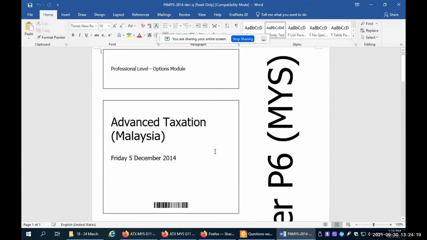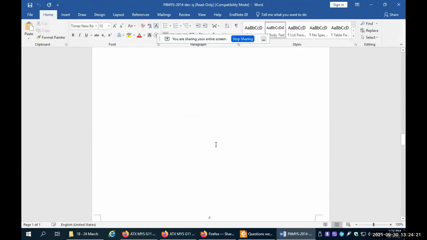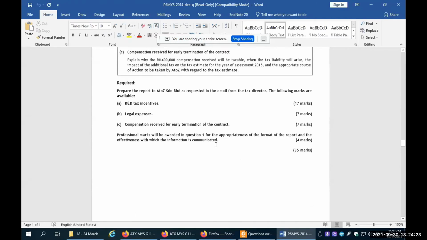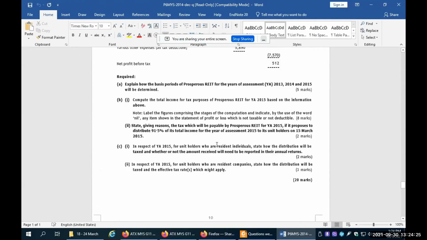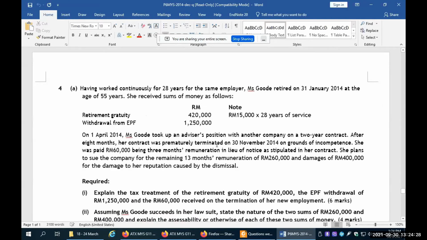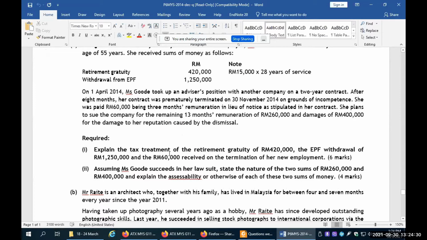Okay, so always look at the requirements first. Okay, so now, like I said, there are 4 highlighters in your question, in the exam portal.